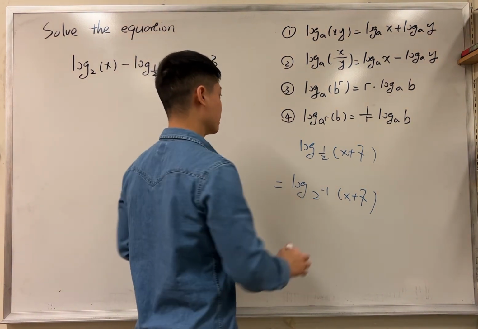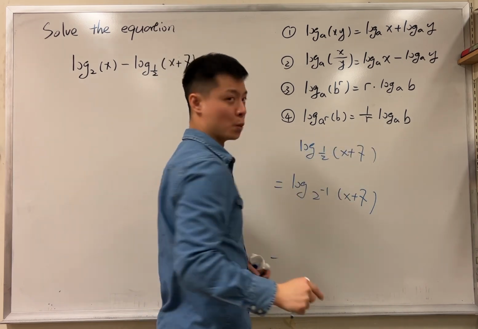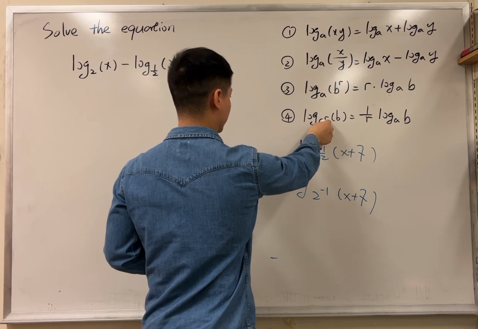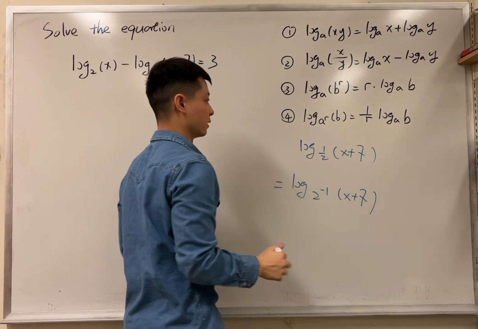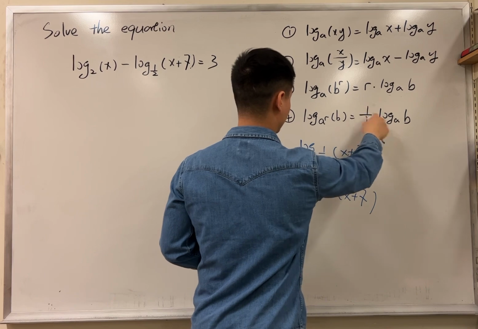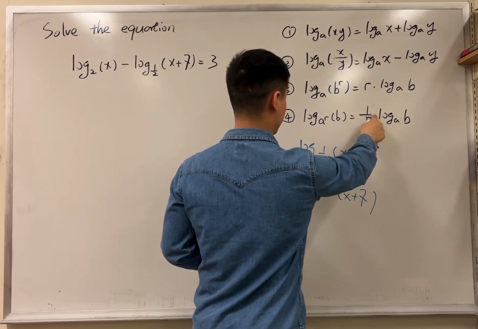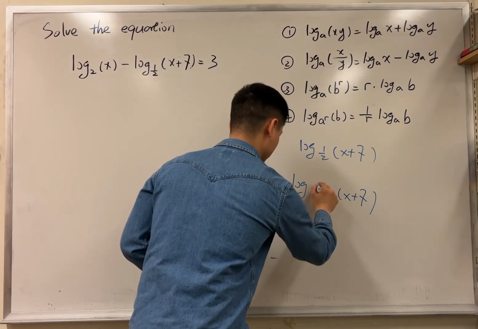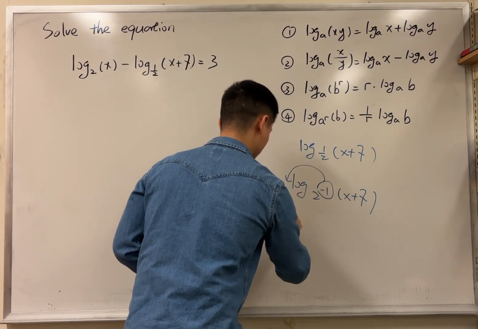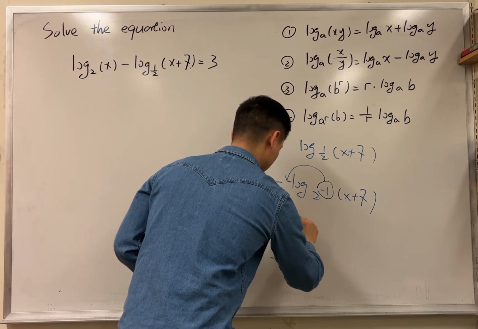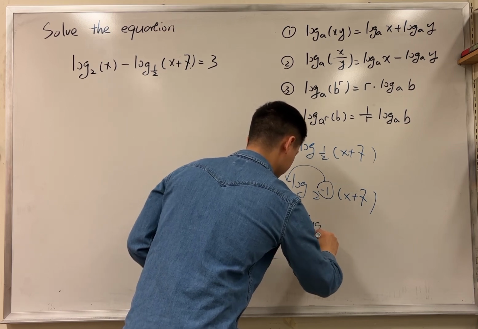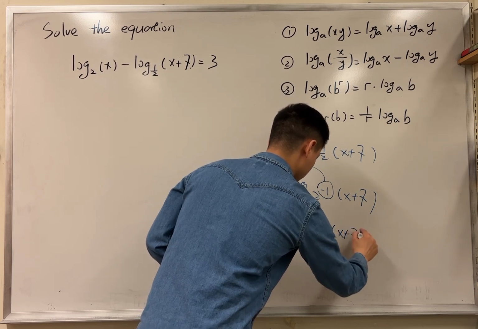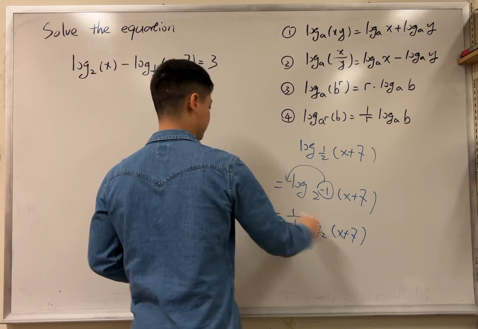And then we will use rule number 4, which says that we are allowed to pull the power of the base out to the front, and then write that as 1 over this number, which multiplies with the original expression. So we can pull this little negative 1 to the front and write that as 1 over negative 1 times log base 2 of x plus 7. Okay?